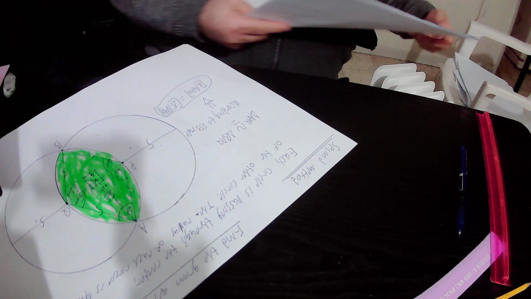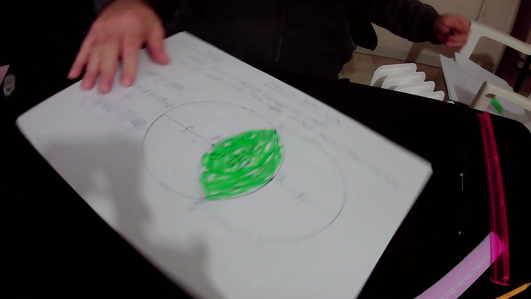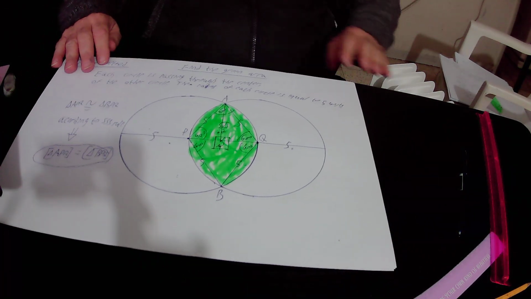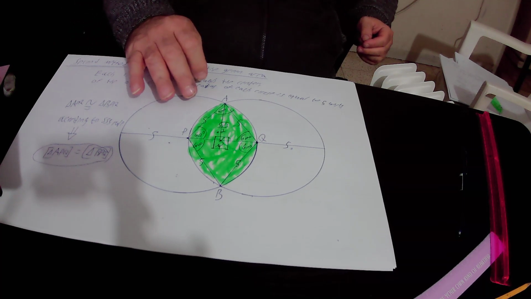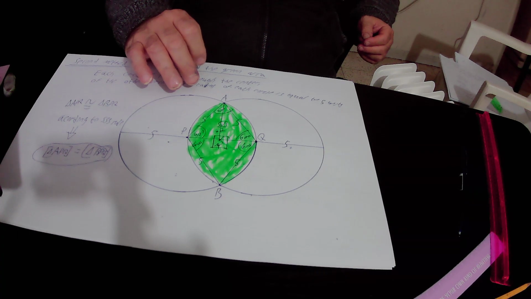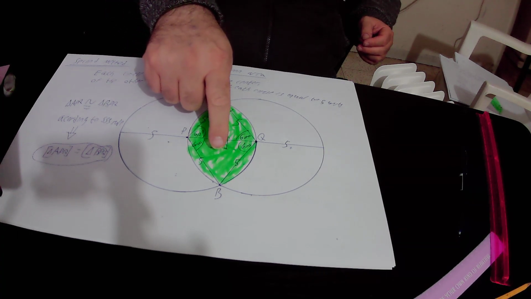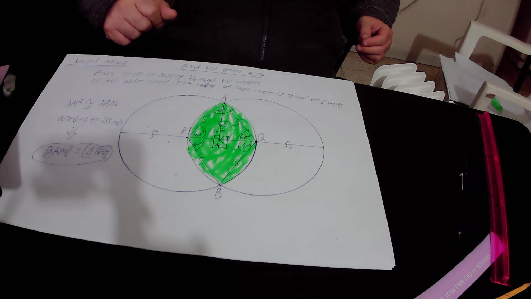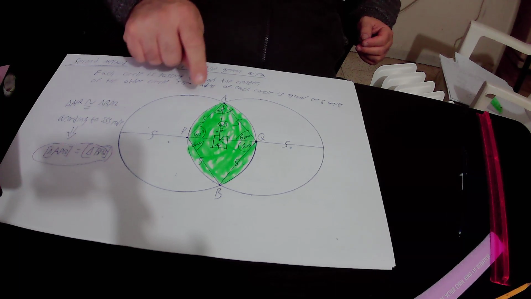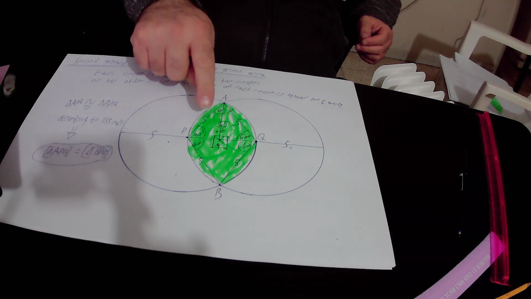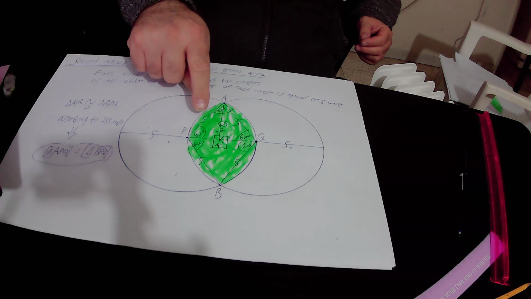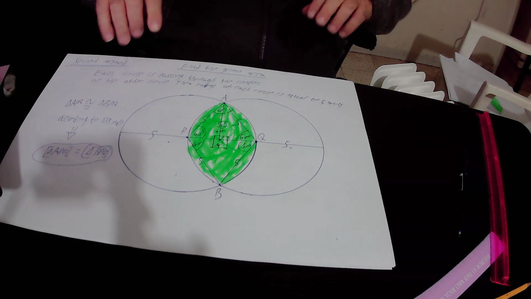In the second method, we did the same construction as in the first method. We have here two equilateral triangles. Triangle APQ is an equilateral triangle because all of its sides are equal to each other.